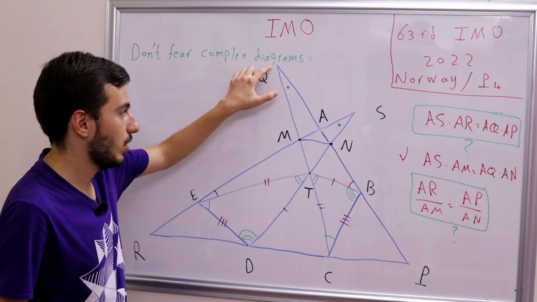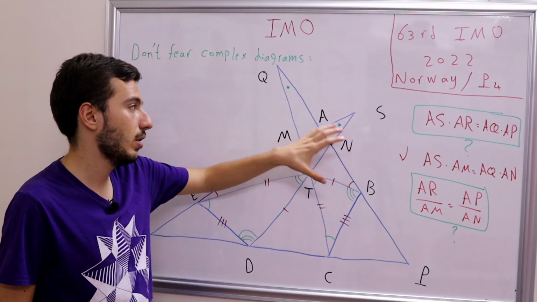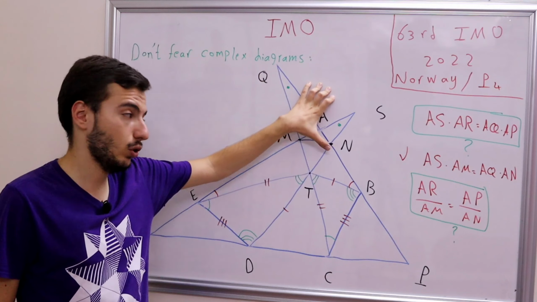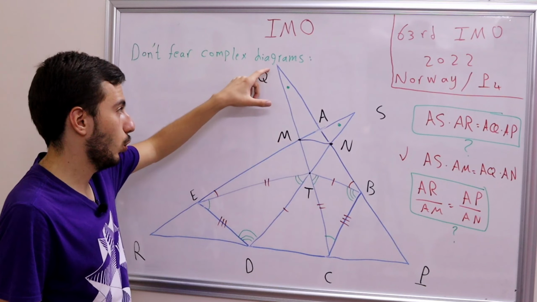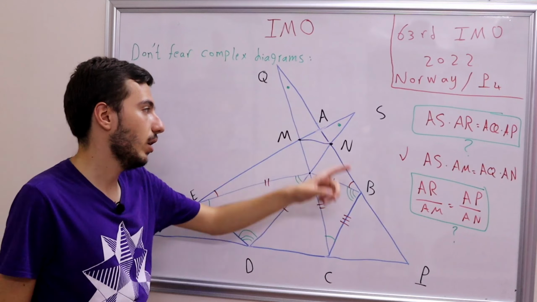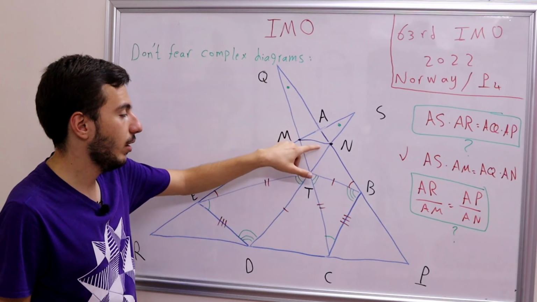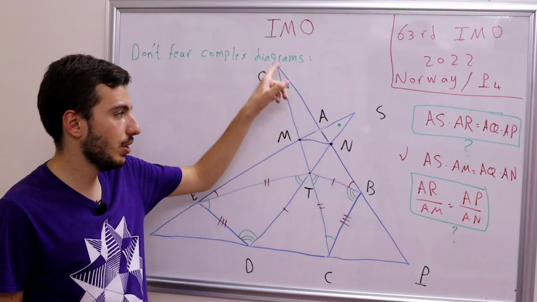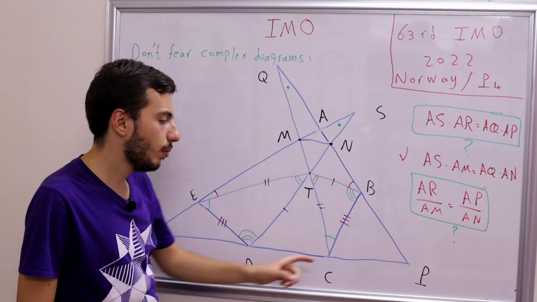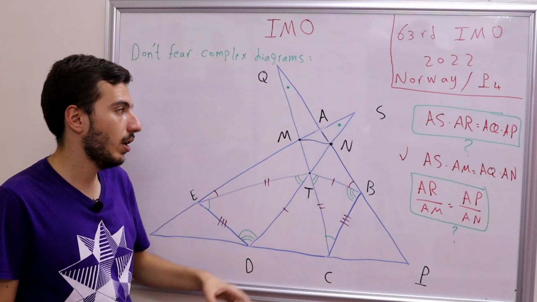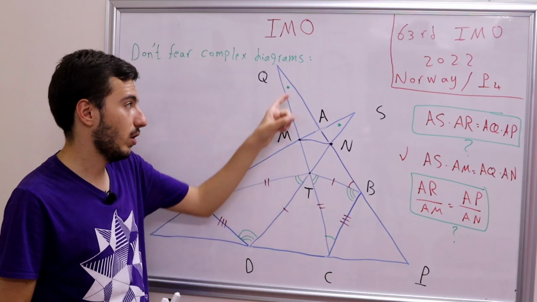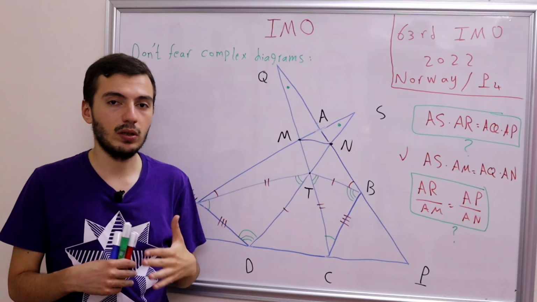We know that this thing QMNS is a cyclic quadrilateral. Furthermore, we want to show that QRPS is another cyclic quadrilateral. So that means that MN is an anti-parallel of QS and RP is an anti-parallel of QS. However, two anti-parallel lines for the same line happens to be just parallel lines.